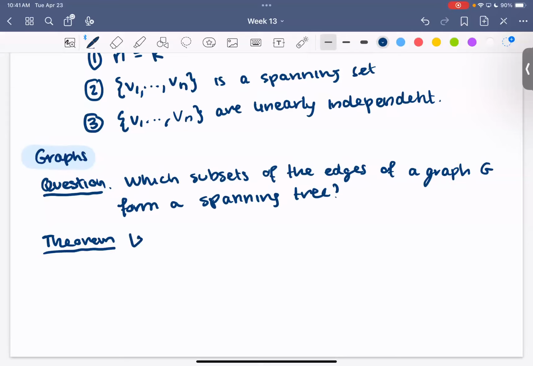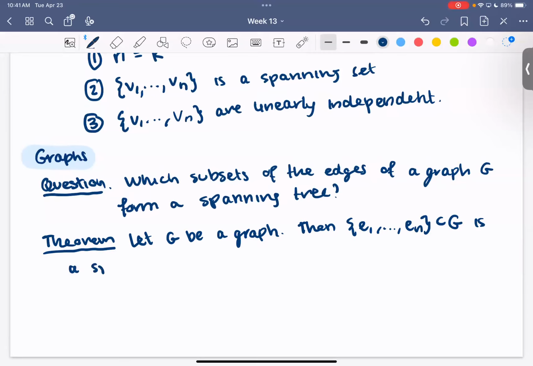Let G be a graph. Then the theorem says that a subset of the edges is a spanning tree if any two of the following are satisfied.